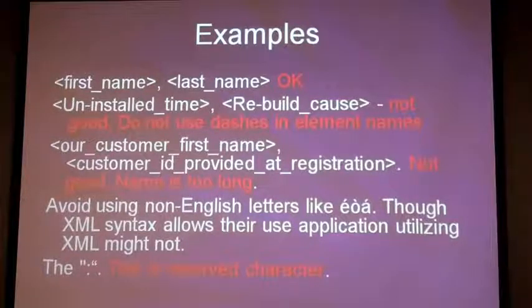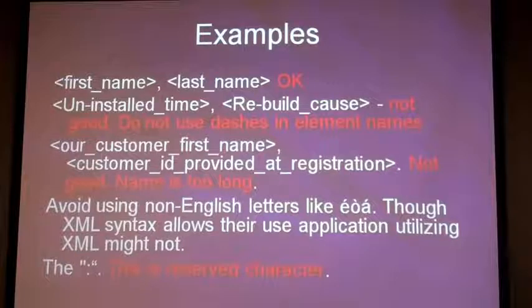Okay. So, and also avoid using non-English letters with national symbols, whatever. If you change the XML to version 1.1, they will be supported, but you have no guarantee because this XML document may be sent to a machine which supports only 1.0 and does not support these characters. Then your document could not be read.